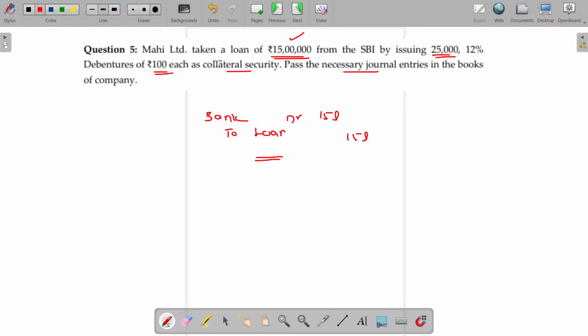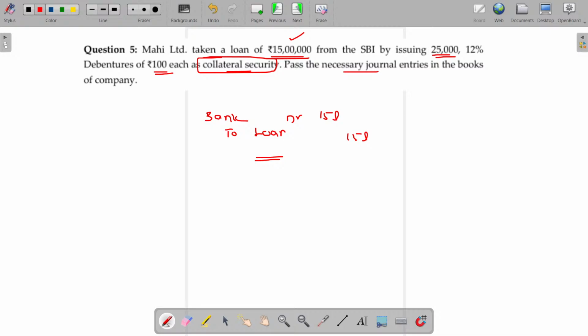When you are issuing the debentures as a collateral security, see, if you want to borrow any loan from the banker, they will demand some security to be given. If you want a home loan, you pledge your home, and you cannot sell it thereafter. So the house property is pledged with the banker. For a vehicle loan, you mortgage your vehicle.